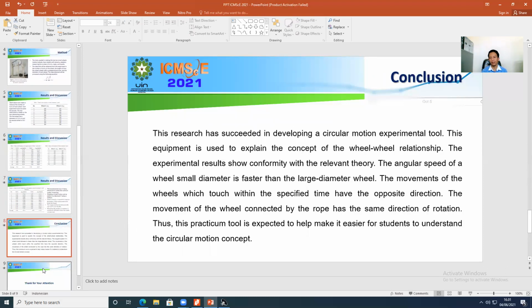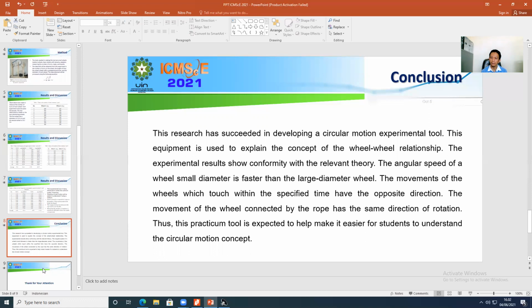And the fourth, the conclusion. This research has succeeded in developing a circular motion experimental tool. This equipment is used to explain two concepts of wheel relation. The experimental results show conformity with the relevant theory. The angular speed of a small diameter wheel is faster than a large diameter wheel.